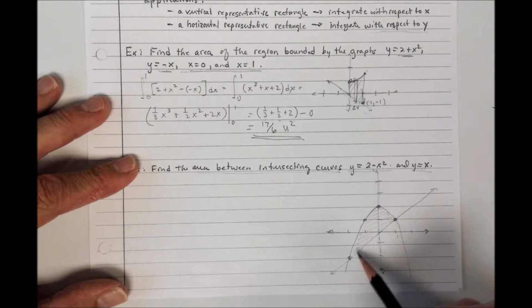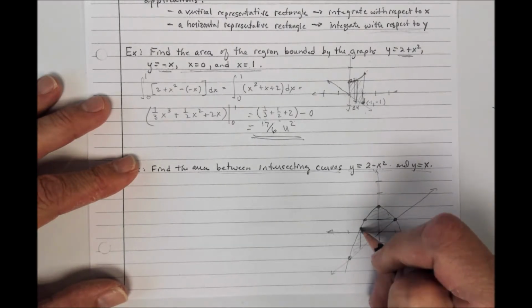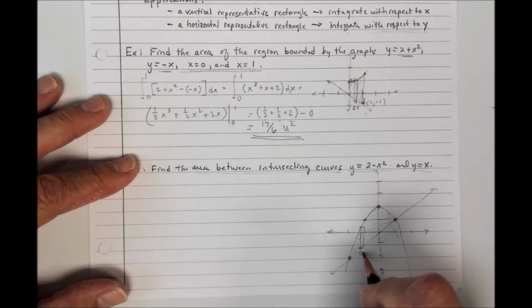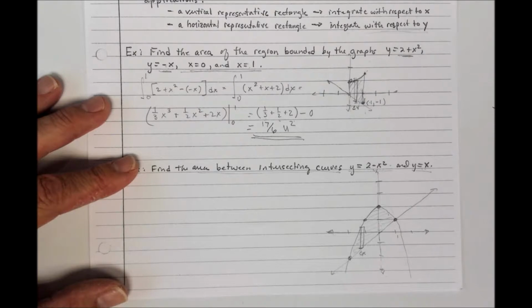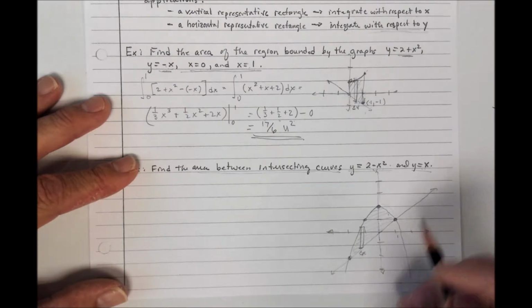So I have a top curve and a bottom curve, and that means I'm going to have a representative rectangle that's going to be vertical, delta x here. I'm going to do my integration with respect to x. But what are my x values changing from? Well, they're changing from the x values of these 2 points, because that's the smallest x value and that's the largest x value. Now, it looks like this is 1, 1, and it is.